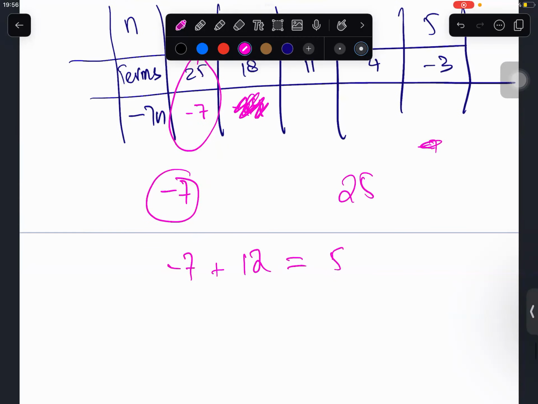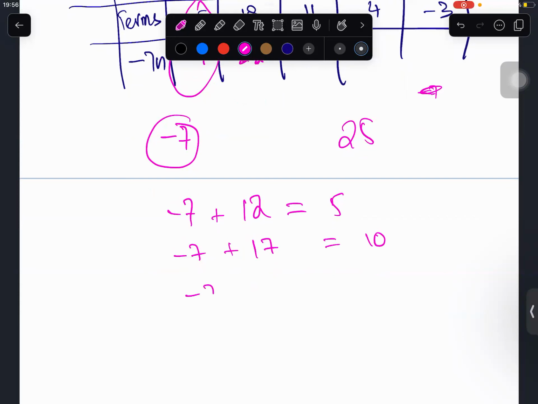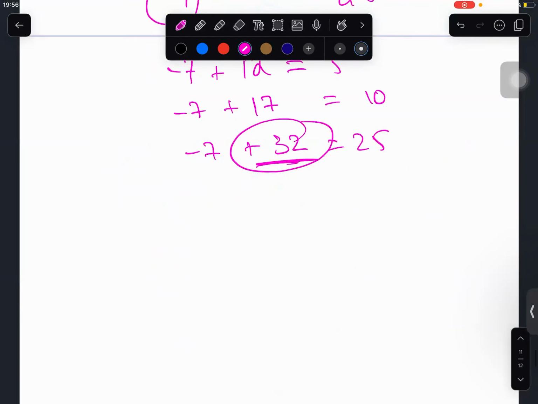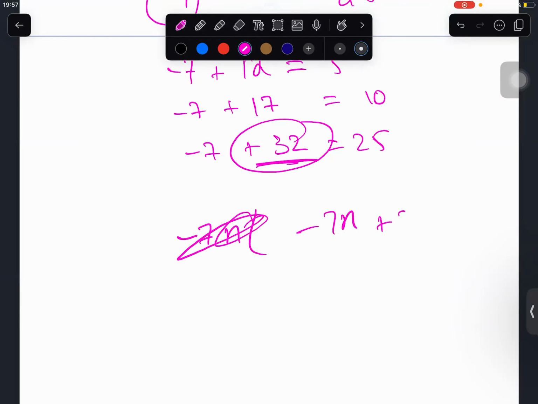Does that make sense? Yes. -7, and we had to get to 10, we'd have to add 17 to get to 10. Now, in order to get to 25, we'll have to add 32. So you'll just take this 32, because obviously the first term is 25. So your answer would now become negative 7n plus 32.